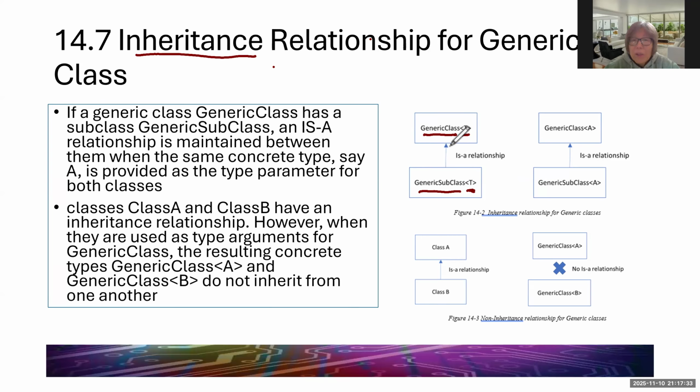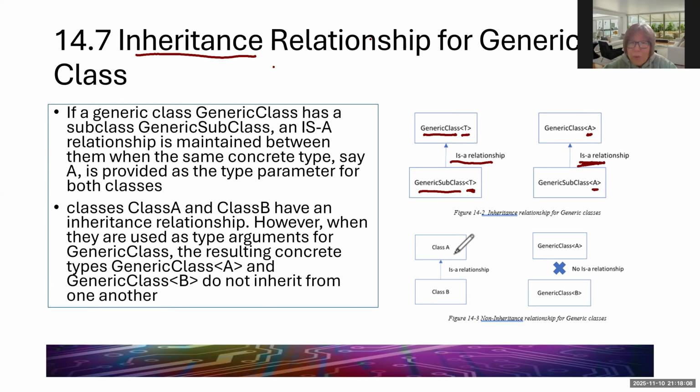In this kind of inheritance relationship, even though they are generic classes, it is still maintained, so it still means an is-a relationship. If we plug in some specific concrete class A, their inheritance relationship is still maintained.